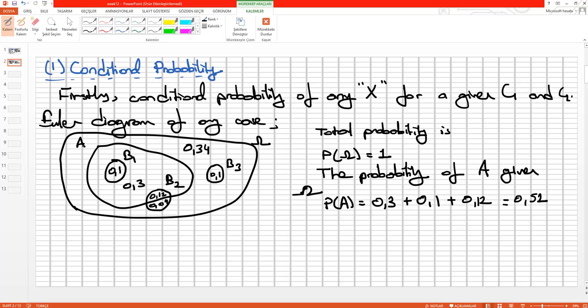then we can say that A has a probability rate of 0.1, 0.3 and 0.12. Okay, or we can create another formulation. For example, if we have the probability of B1 given omega values, it can be calculated as B1 is equal to 0.1.